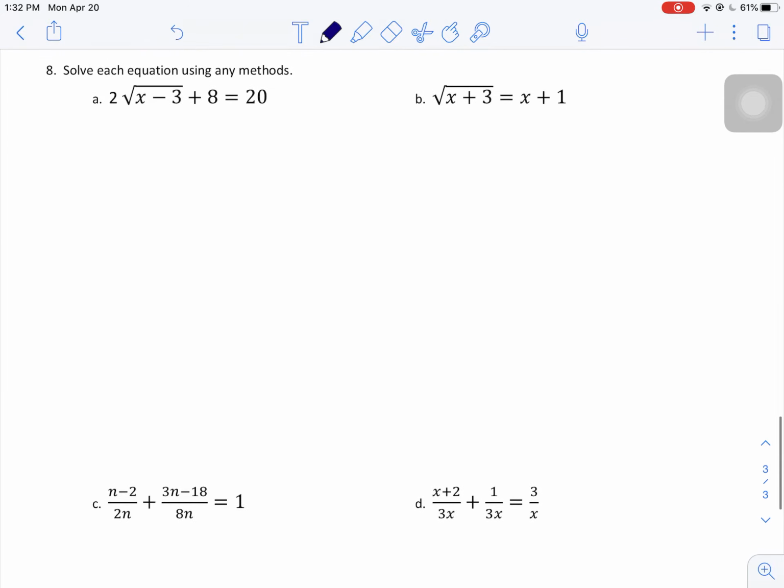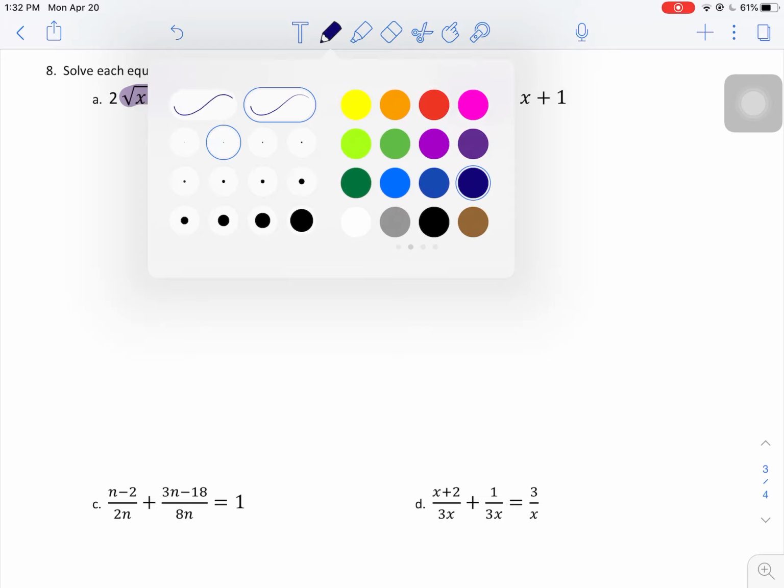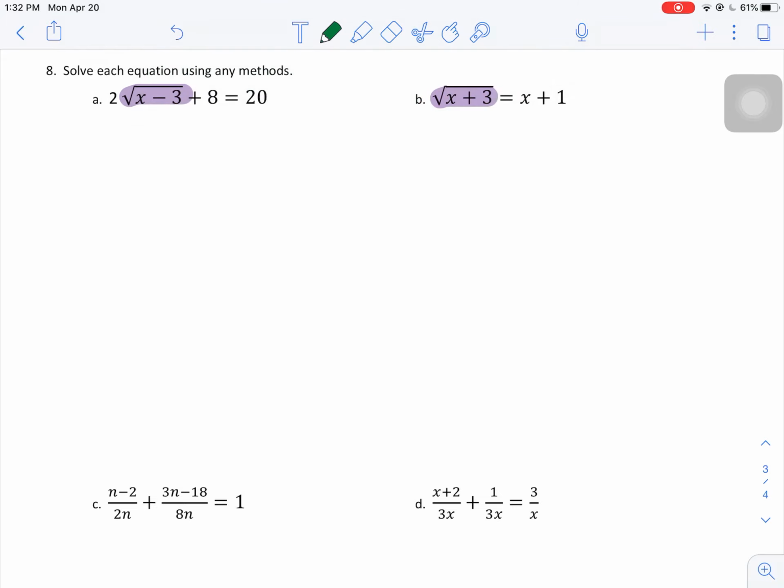Number 8, parts A and B, we have our radical equations. So on both of those, we need to isolate the radical first. So we have to isolate that in part A, and we have to isolate that in part B. So on 8A, we want to get that highlighted purple part all by itself by doing order of operations backwards.